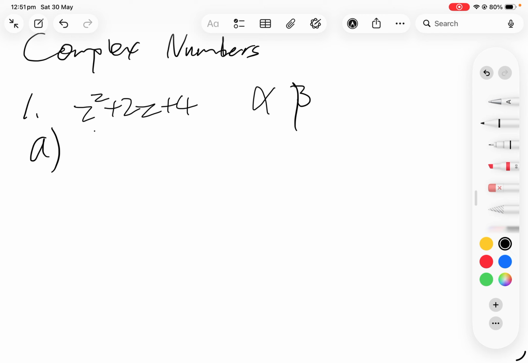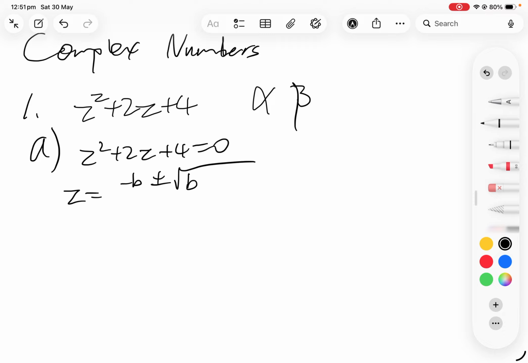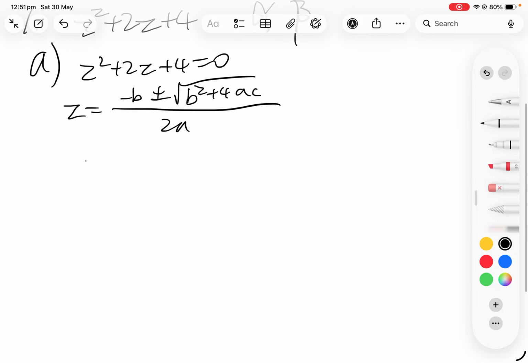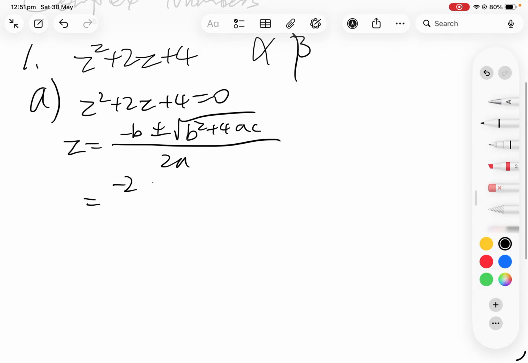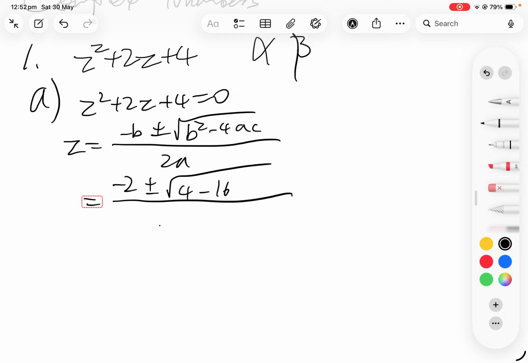So basically z squared plus 2z plus 4 equals 0, and z equals negative b plus or minus square root of b squared minus 4ac, over 2a. That equals negative 2 plus or minus the square root of 2 squared, which is 4, minus 4 times a, which is 1, times c, which is 4, so 16. Then it's over 2a, and 2a is just 2.